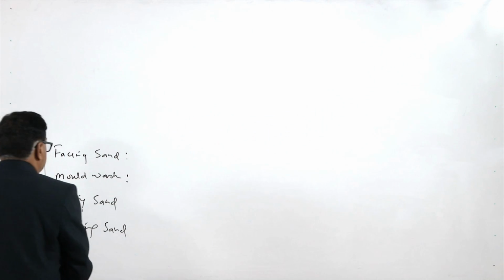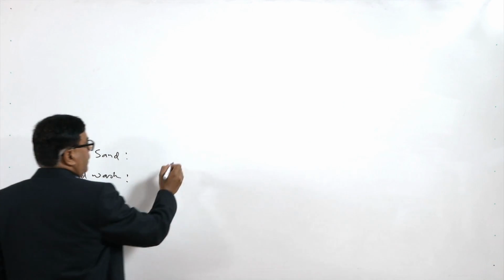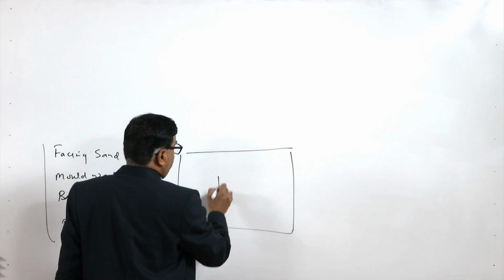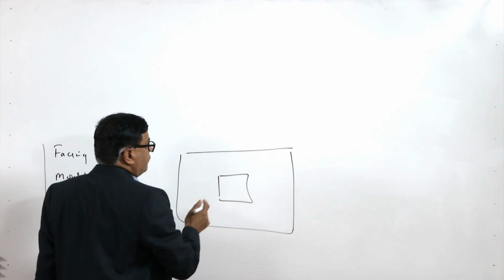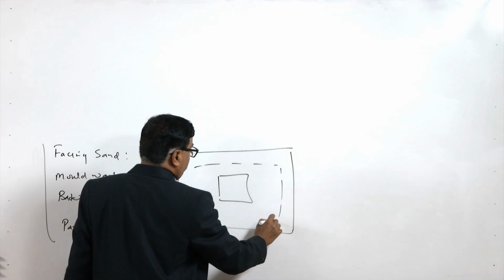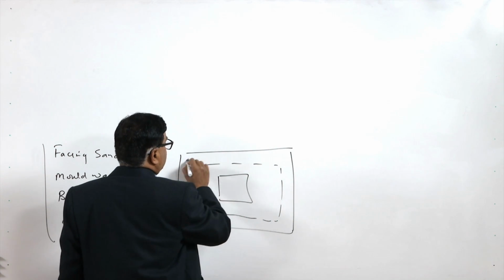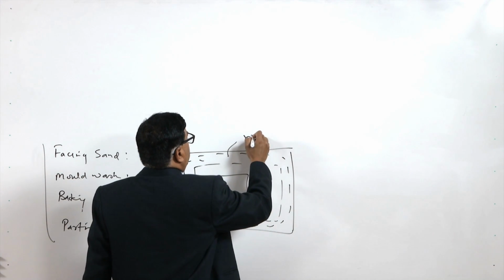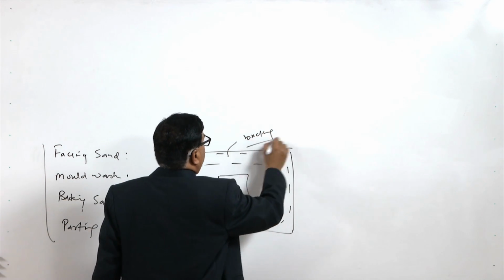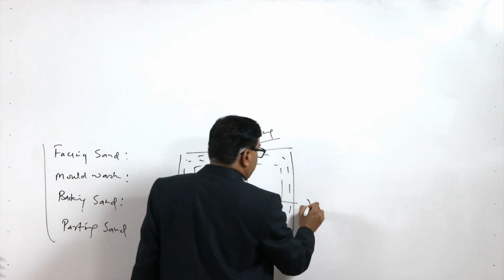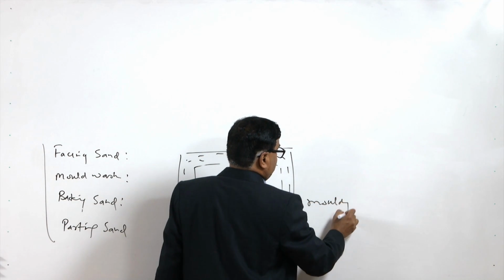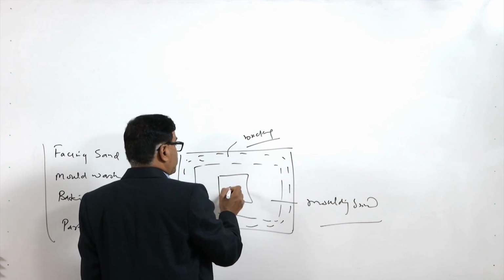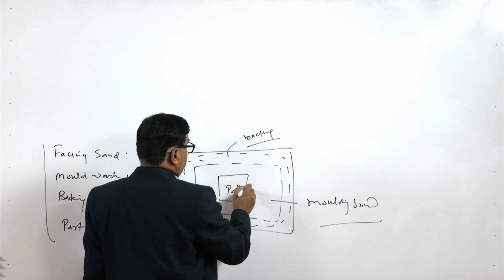the casting defects. Basically, the backing sand, like this is the flask. And here we have the pattern in the top view, then the filling of the mould flask is achieved through the backing sand. So, basically it provides required backing to the main moulding sand, so that the moulding sand which is next to the pattern, this is the pattern.